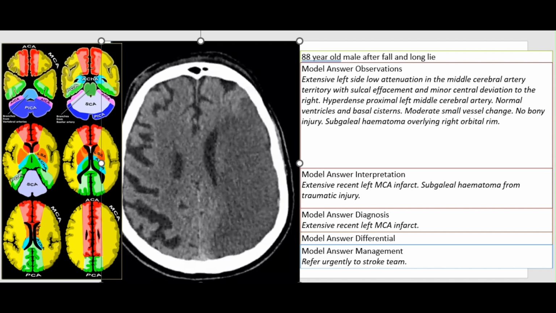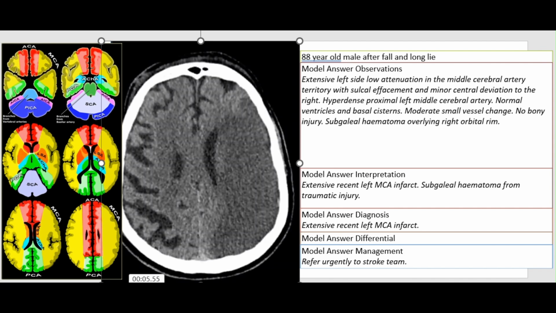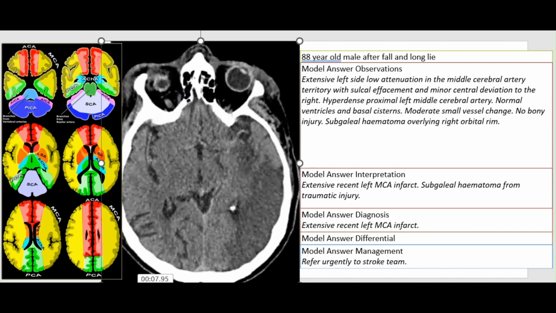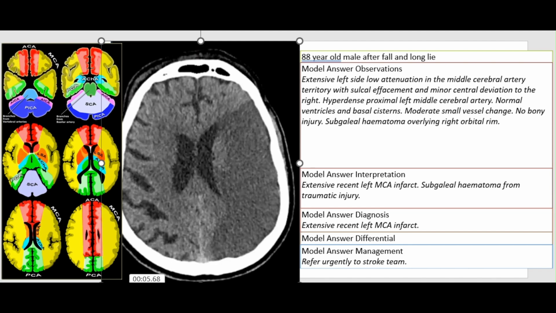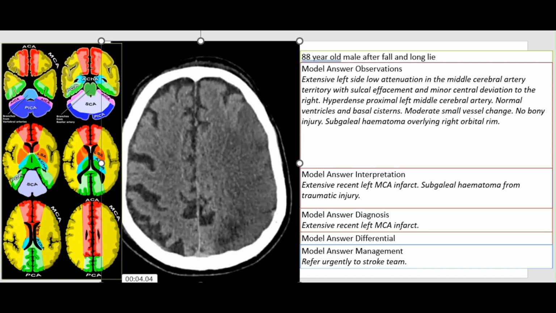Okay, so here the low attenuation is seen along the lateral part of the cerebral hemisphere. However, the medial part is spared, as you can see here. The lateral part, the attenuation.